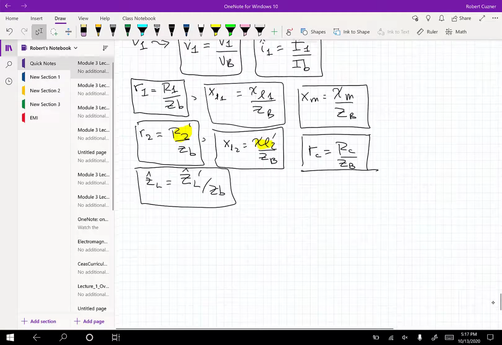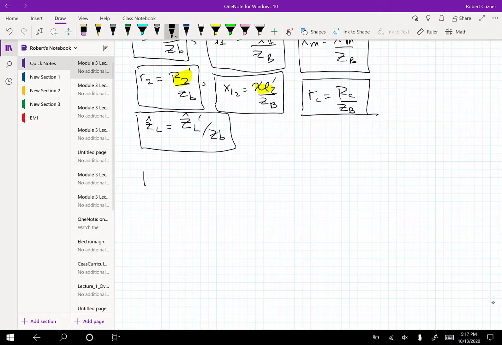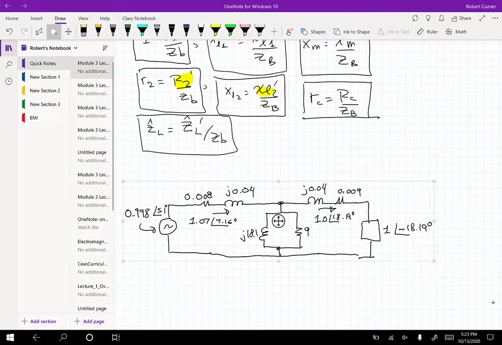Okay, there we go. Now I'm going to show you the circuit with per-unitized values. Okay, there is your full circuit with per-unitized values.